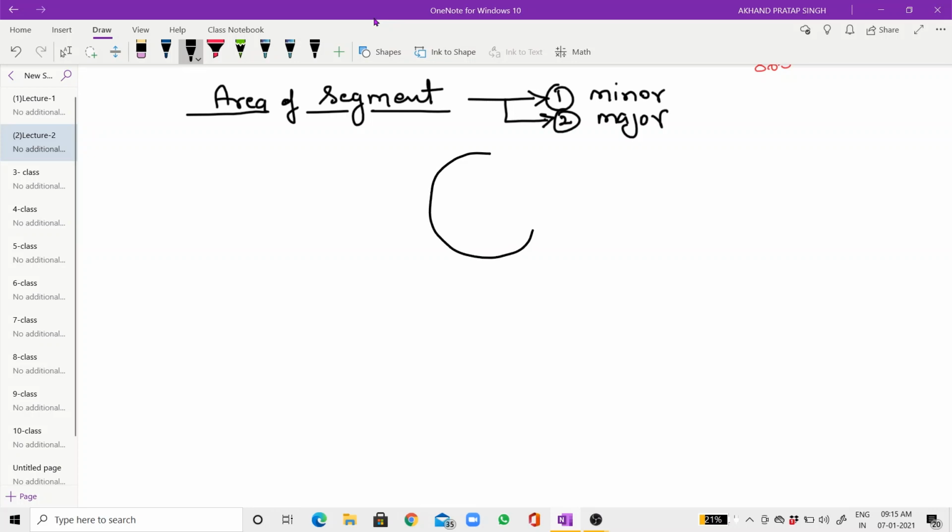This is a circle with center O, and we draw a chord. So this is a segment. This chord AB and P is a segment. This portion is called a segment.